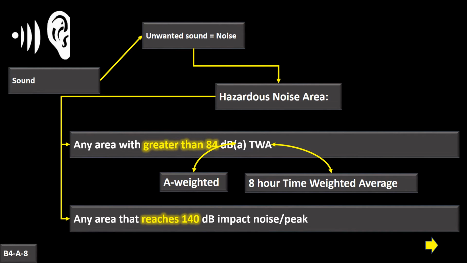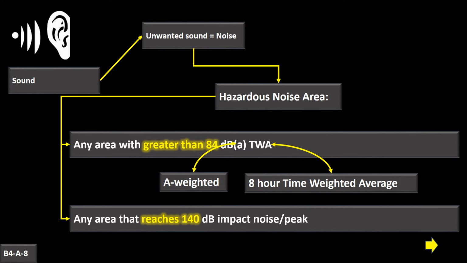We've also got to consider peak decibel ranges. Whenever we have a decibel level that reaches 140, so 140 peak, sometimes called impact noise, that is also hazardous. If you're on a range for 8 hours, there's not always weapons fire going on, so if you took the average loudness of that range over 8 hours, it might not equal 84 decibels.